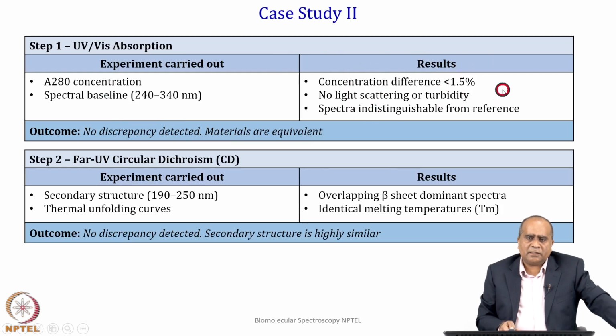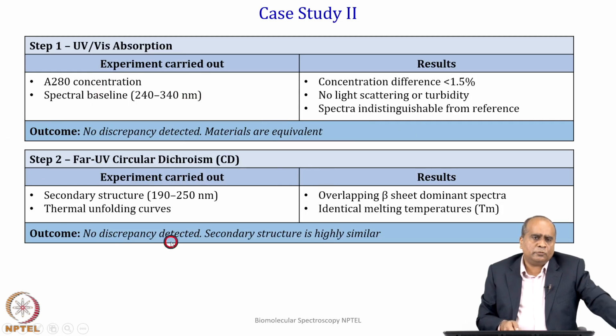No light scattering or turbidity is happening, and the spectra are indistinguishable from the reference product, right. So, that is what we are getting in UV visible. What does it suggest? No discrepancy detected, materials are equivalent, that is what we are saying here.